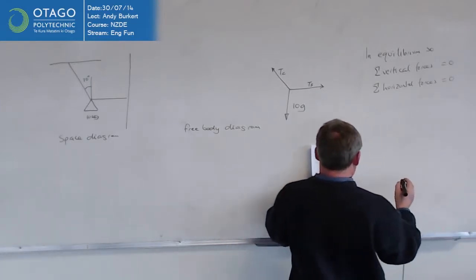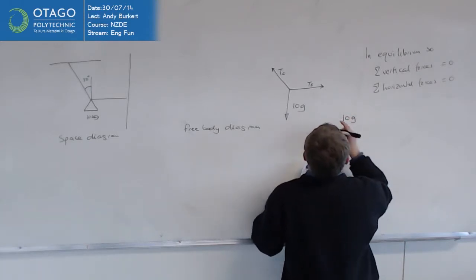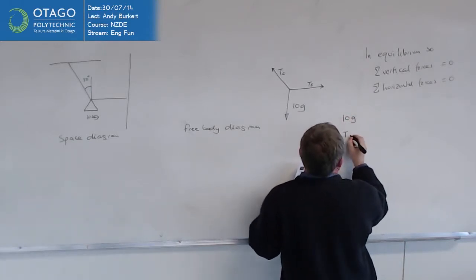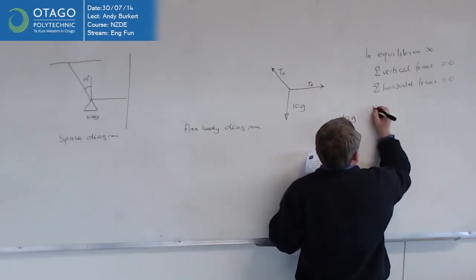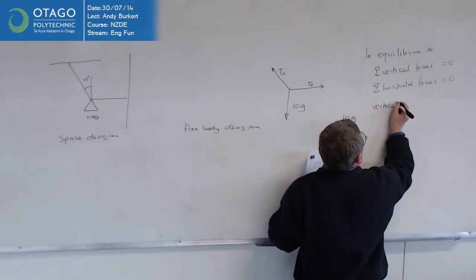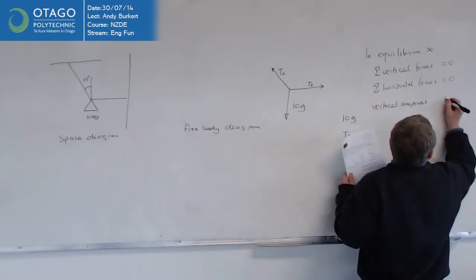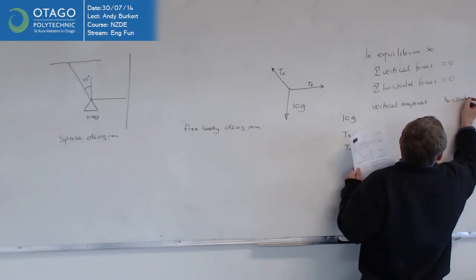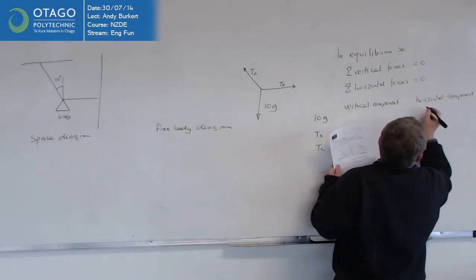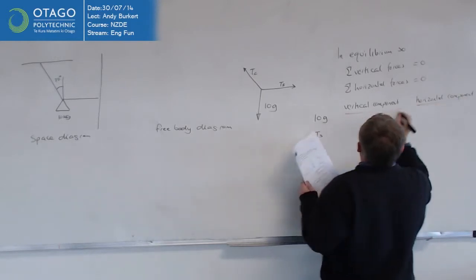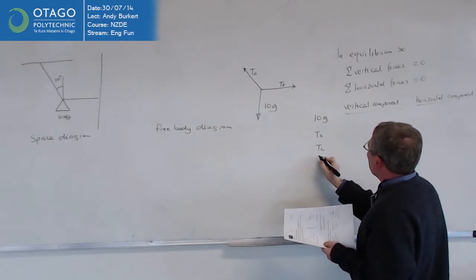So what are the forces? We've got the 10G force, we've got TS and TC, a vertical component, and the horizontal component, and then at the bottom we're going to have the resultant.